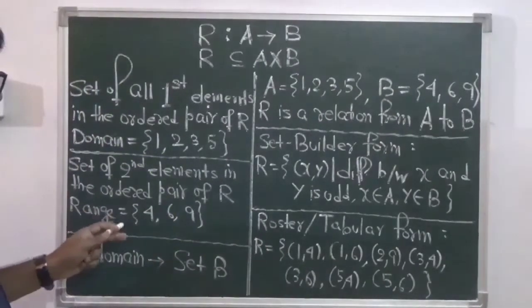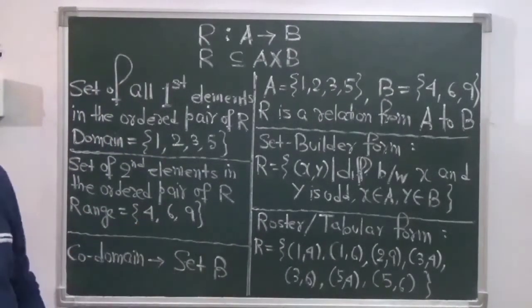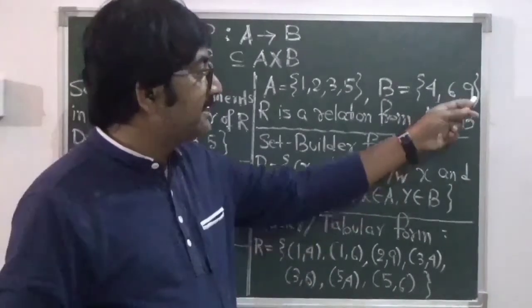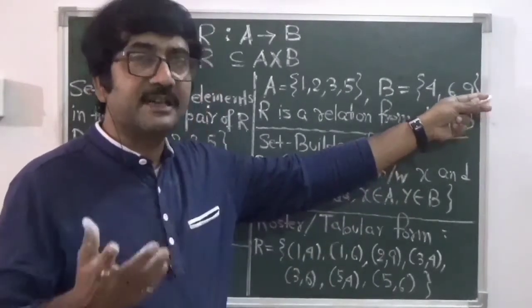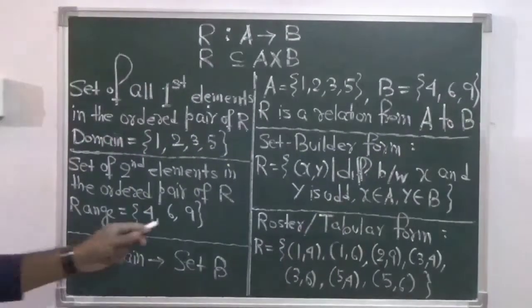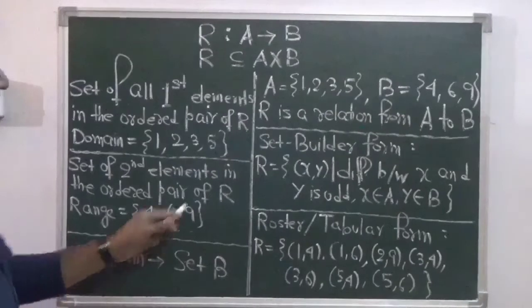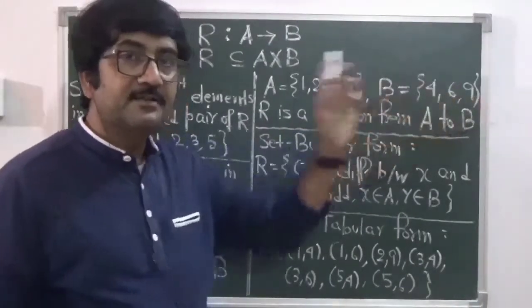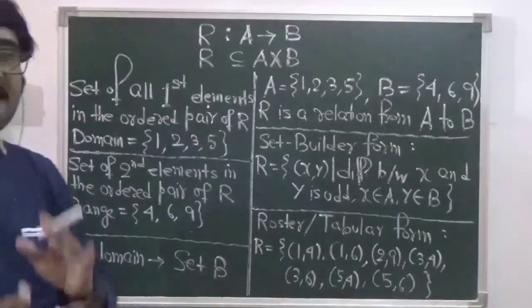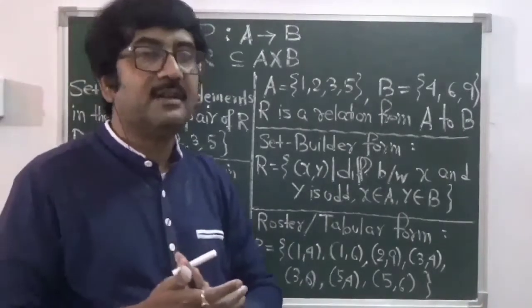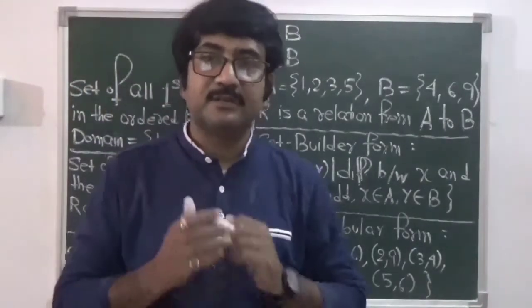So if we take 4, 6, 9 and suppose another element exists here, say 10, 10 is not included in this range, right? So 4, 6, 9 is present in set B, so we can say the range of a relation from A to B is a subset of set B.